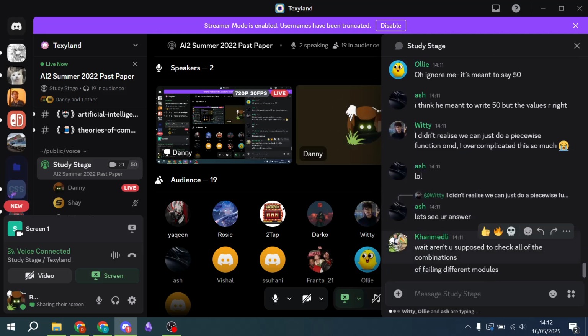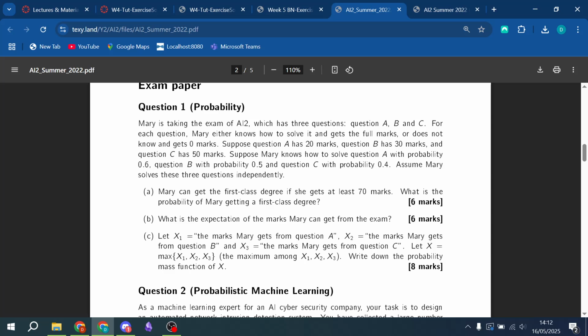Okay. Yeah, I'll go through it all again because some people were a bit confused. So basically, the question is asking for the probability mass function of x, which is just a function where you input one of the possible values of x, and it outputs the probability of getting that value.